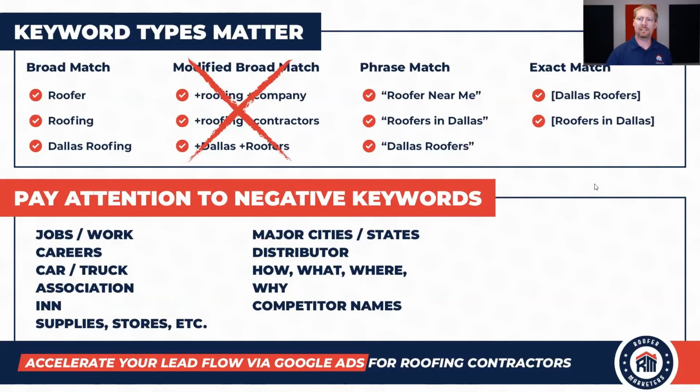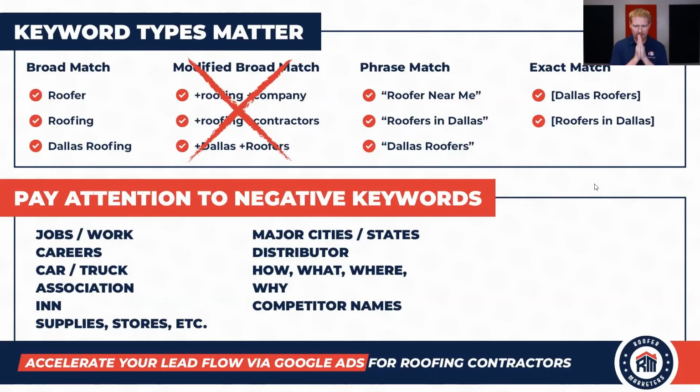Exact match is more around, hey, this is exactly what I want the user to type in, or a close variant to that, and I'll talk about that close variant, to serve my ad to them. So broad match lets Google have a lot of leeway. Phrase match, less leeway. Exact match, the least amount of leeway.